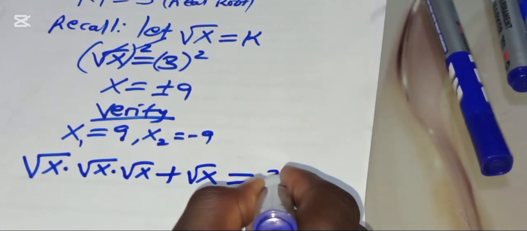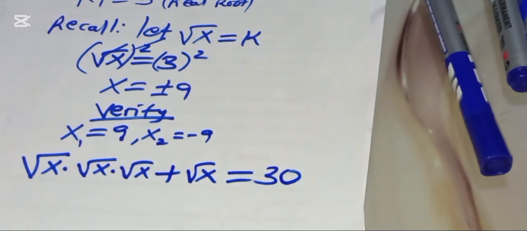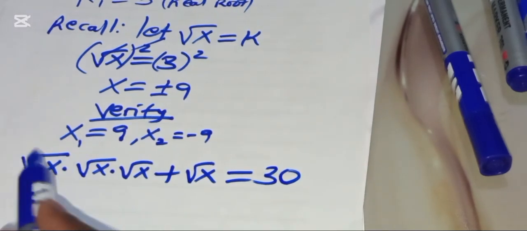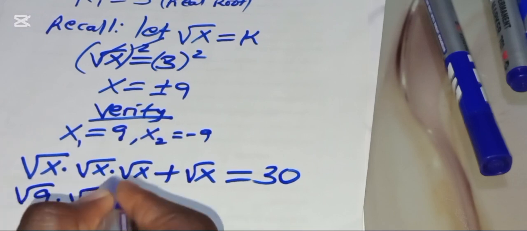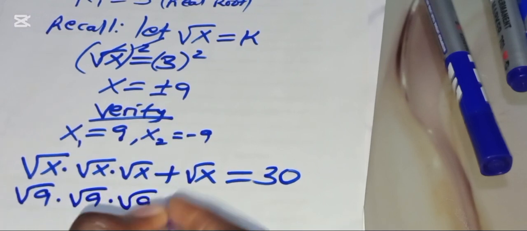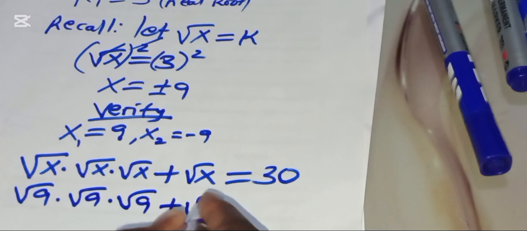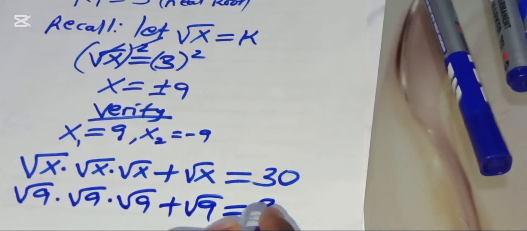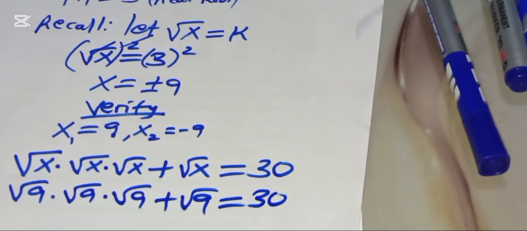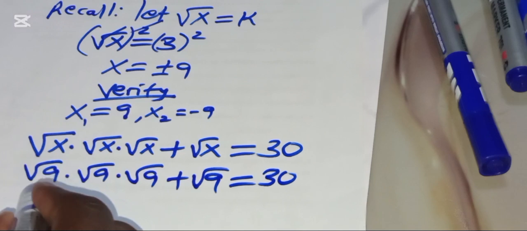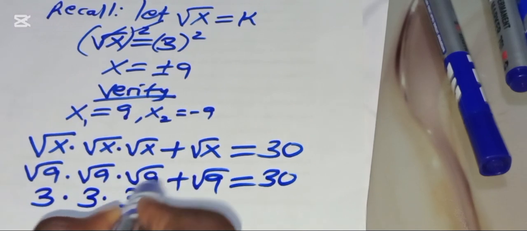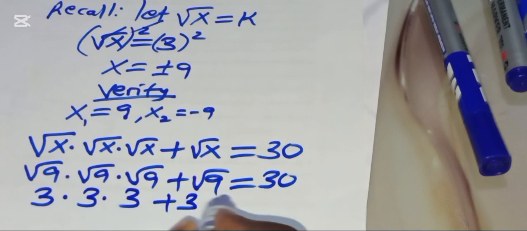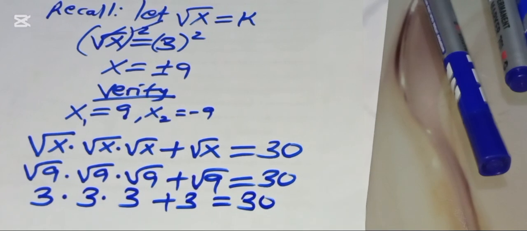This should give us a value of 30. Substituting the value of x, this is the square root of 9 multiplied by square root of 9 multiplied by square root of 9 plus the square root of 9 should give us 30. The square root of 9 is 3, so 3 multiplying by 3 multiplying by 3 plus 3. This should give us a value of 30.